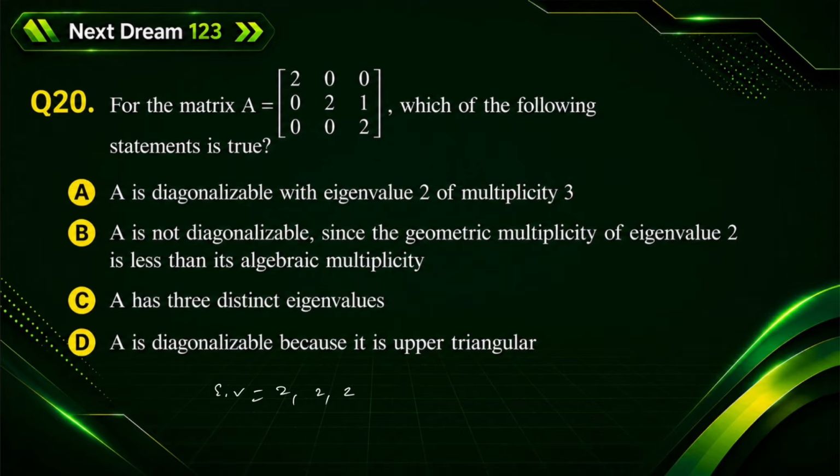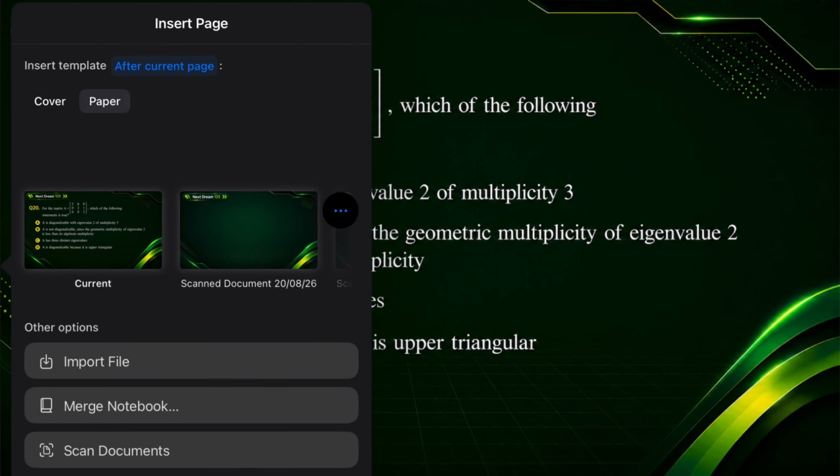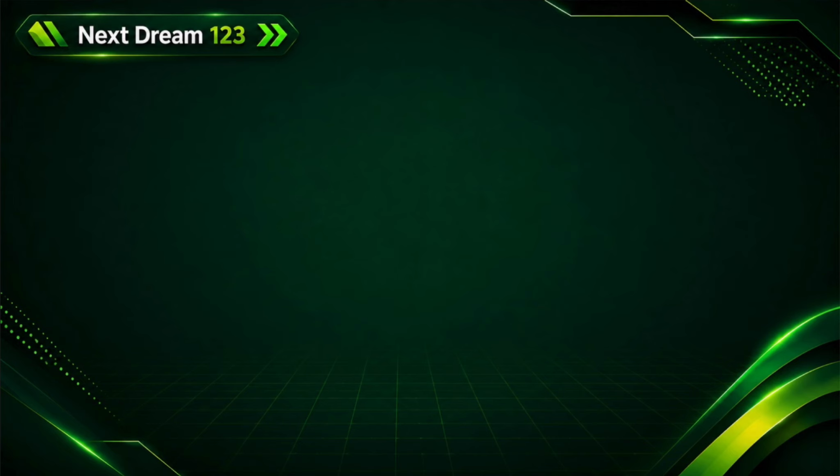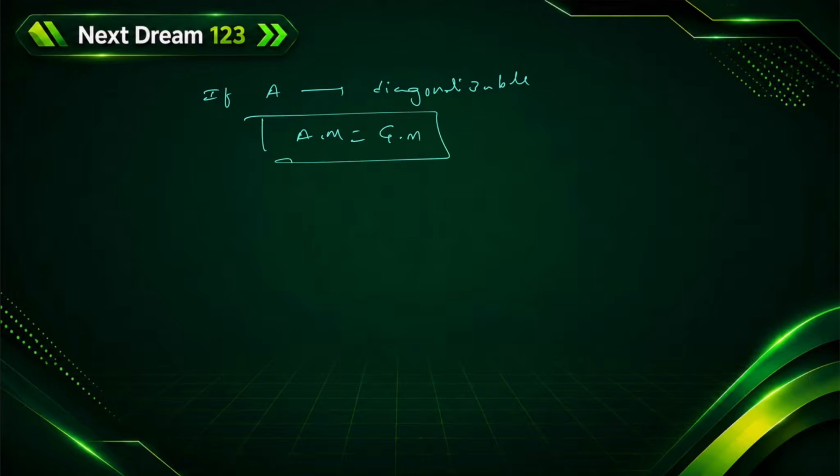To check diagonalizability, remember one thing: if matrix A has all different eigenvalues, it is diagonalizable. Otherwise, if algebraic multiplicity is the same as geometric multiplicity, then the matrix is diagonalizable.